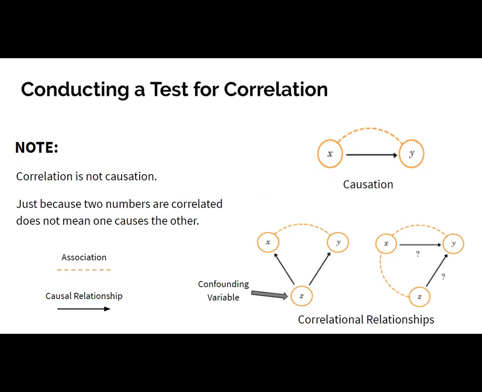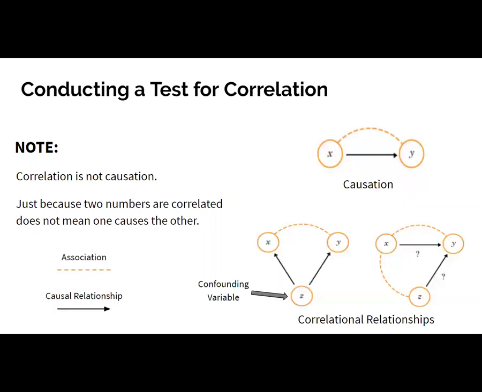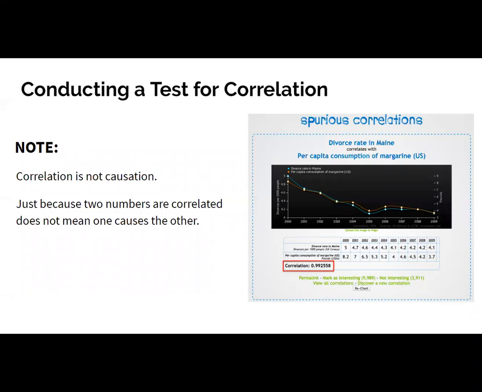And what I mean by that, here's a really great example of a spurious correlation, like an incorrect correlation, that has the confounding variable in there. So here, and these are actual numbers, the divorce rate in Maine, and how it's correlated with per capita consumption of margarine.